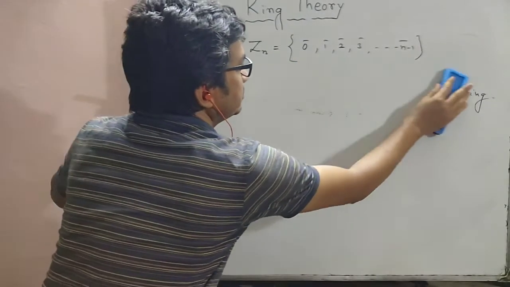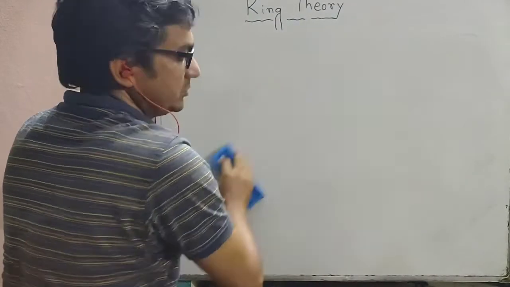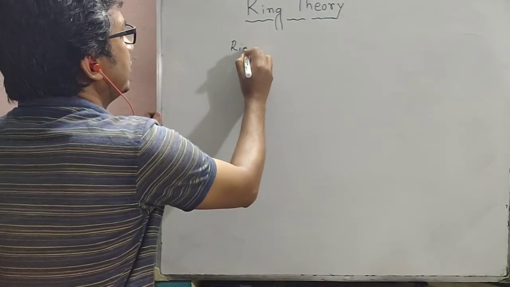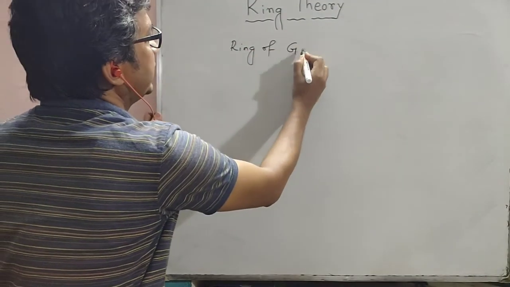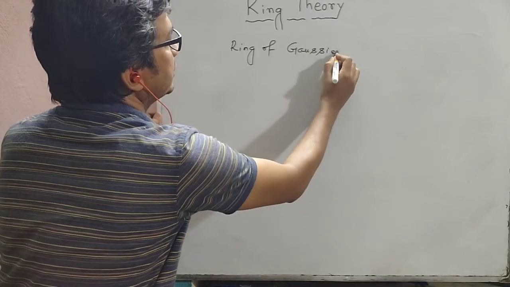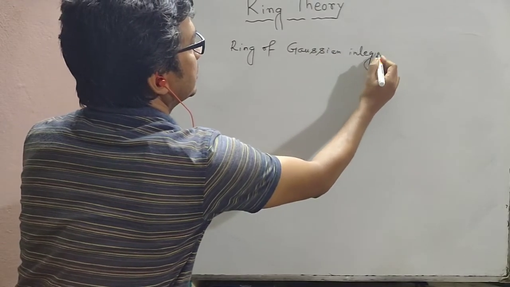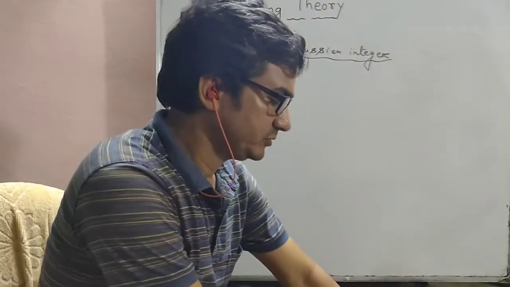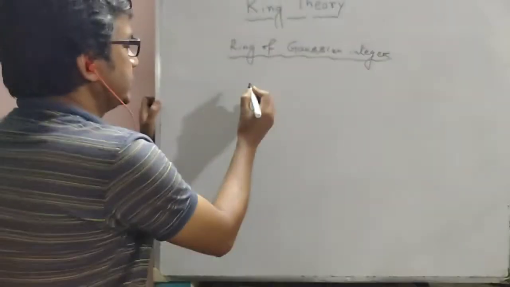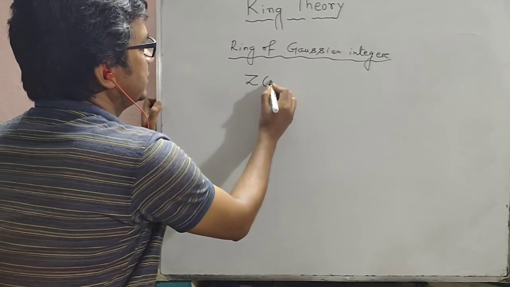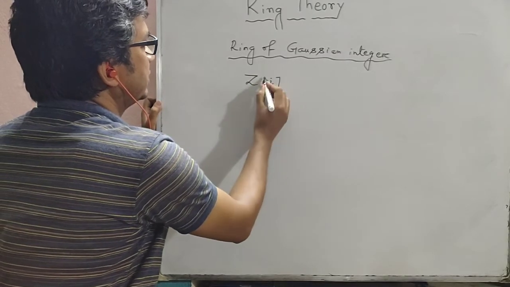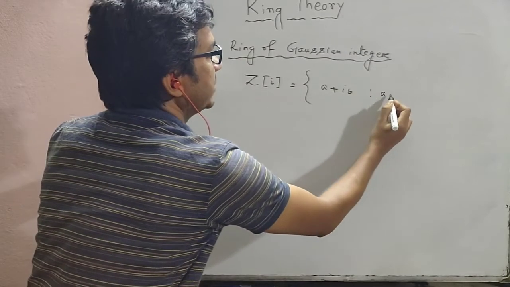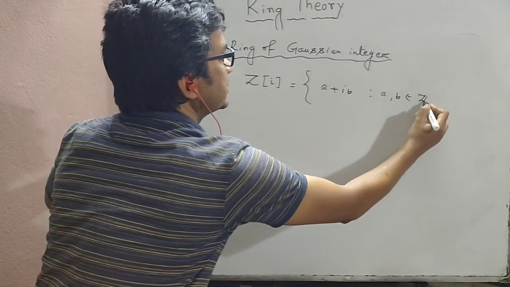Now we go to the next example: the ring of Gaussian integers, and the symbol is Z[i], equal to a plus ib such that a, b belong to the set of integers.